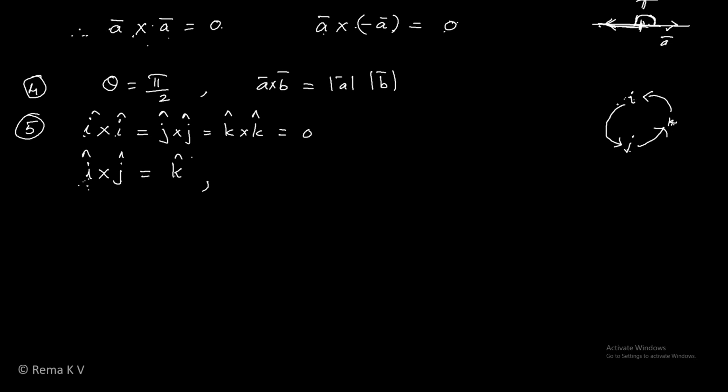See, I cross J is equal to K cap. Now J cross K is equal to I, and K cross I is equal to J. Is it clear?